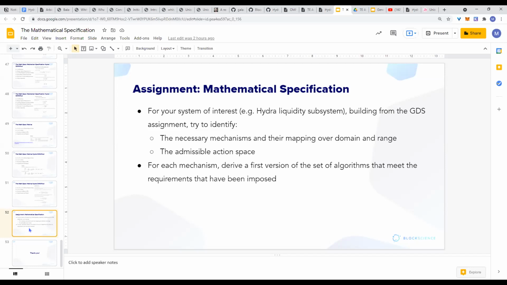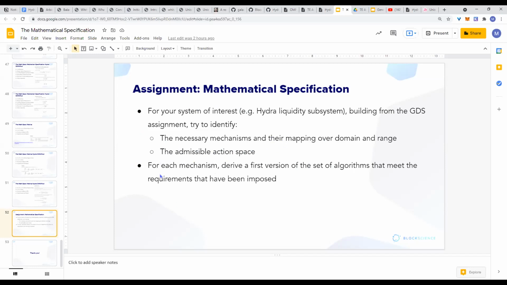You would start to look at, say, this first bullet point. Again, you've already done the state mapping from GDS, so this would really be your concept math spec.